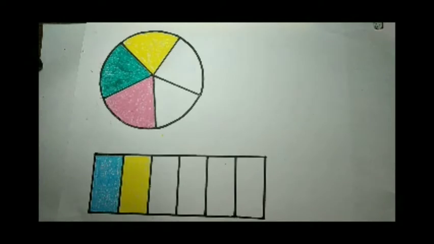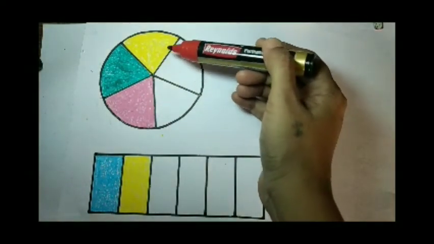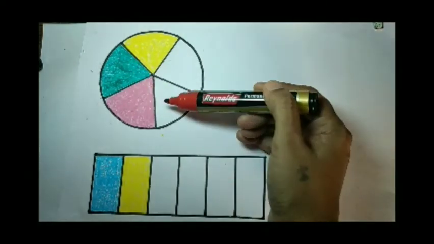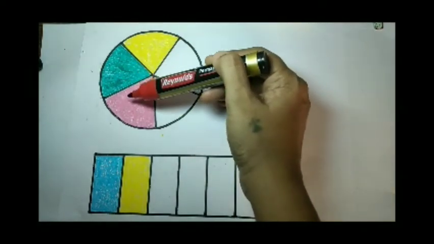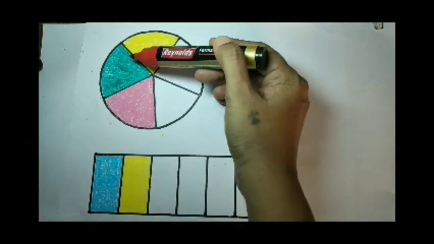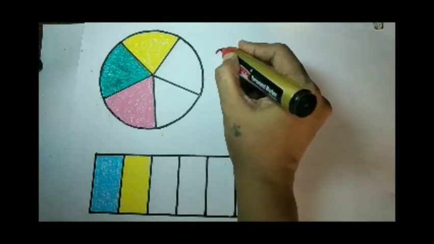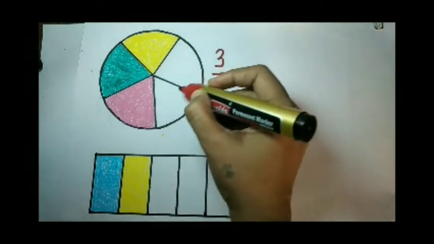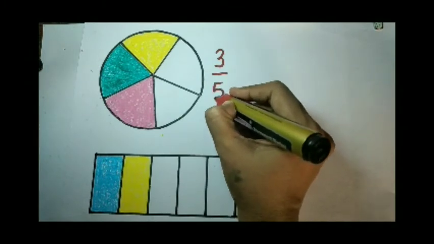Now here there are two figures. A circular disc is divided into 5 equal parts and 3 of its parts are colored. The colored parts of the disc is shown as 3 upon all the parts together, that is 5.